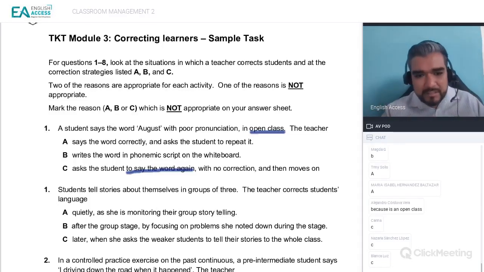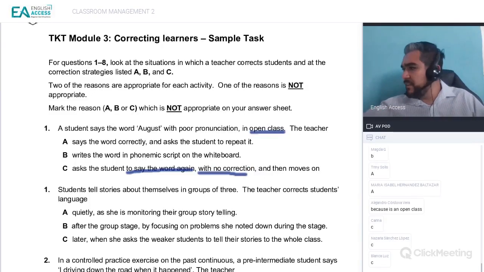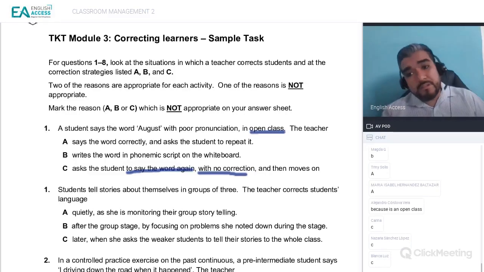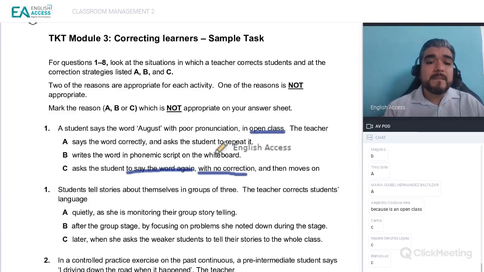The teacher doesn't correct. It says with no correction. The teacher continues. So if the teacher doesn't make any correction at all, the student would never know that he made a mistake, right? So in this case, the one that is not correct is letter C.